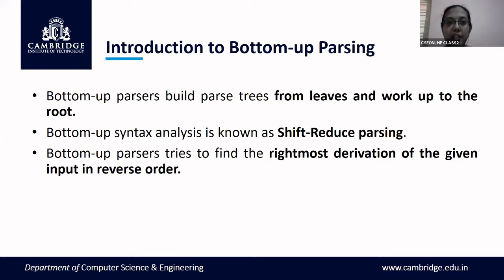In the top-down parser, the grammar is taken and based upon the input string, you come down to the leaf level. But in a bottom-up parser, you take the input string and, based upon the string and considering the grammar, you reduce and move up towards the root node. So that is the main difference between a bottom-up parser and a top-down parser.